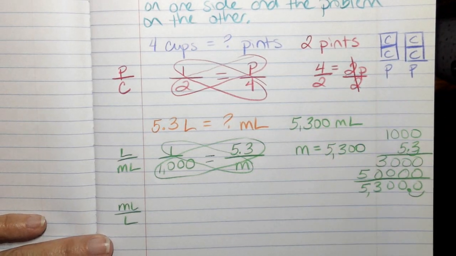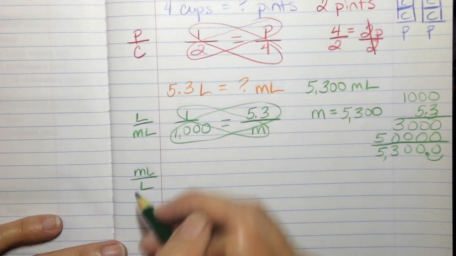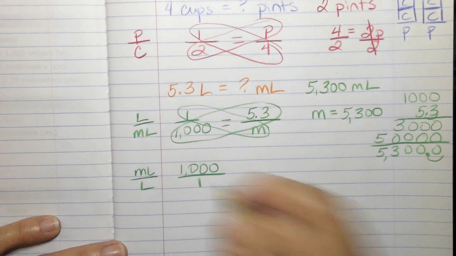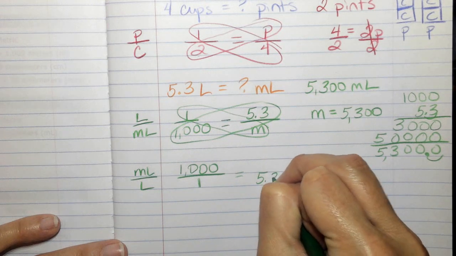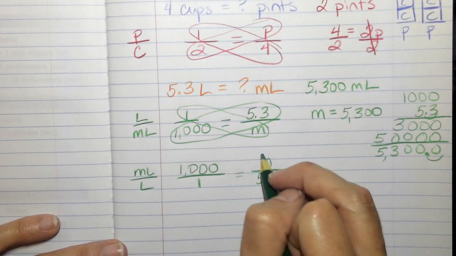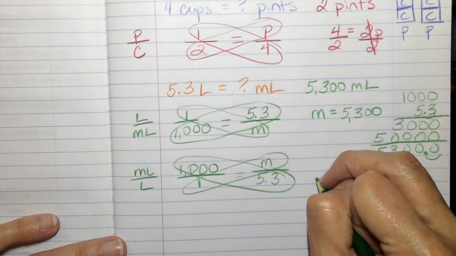I'm going to try the same thing where I set both of them up with the milliliters on top. So 1,000 milliliters is 1 liter, and I have 5.3 liters, and I want to know how many milliliters. See how what I have in my butterfly winds up being the same?